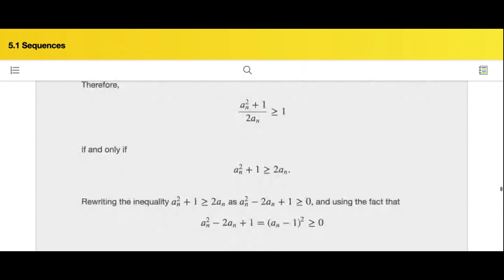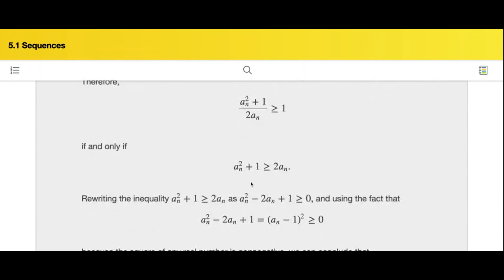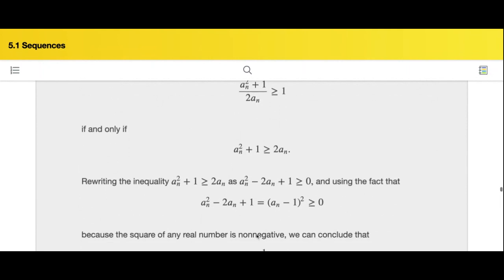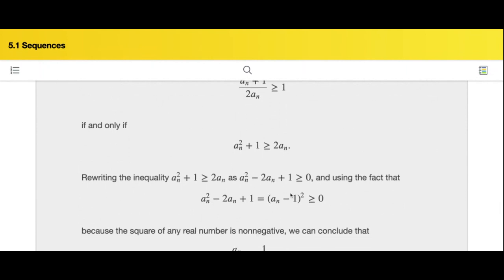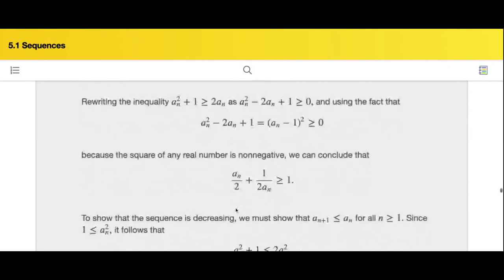This becomes a quadratic inequality, and we get a perfect square: an squared minus 2an plus 1, which is an minus 1 squared greater than or equal to 0. That is always true, because a perfect square cannot be negative.